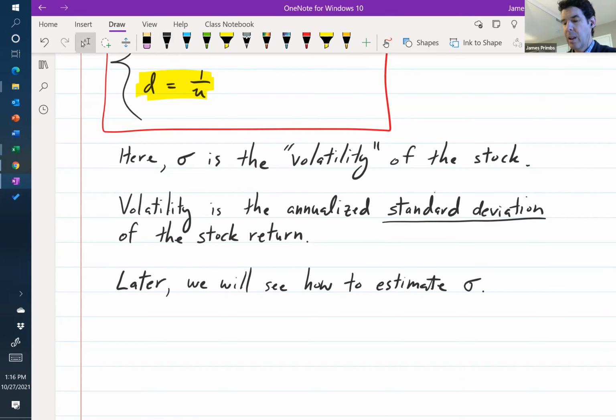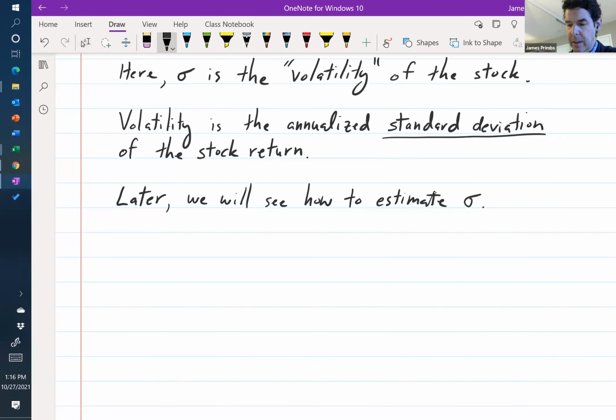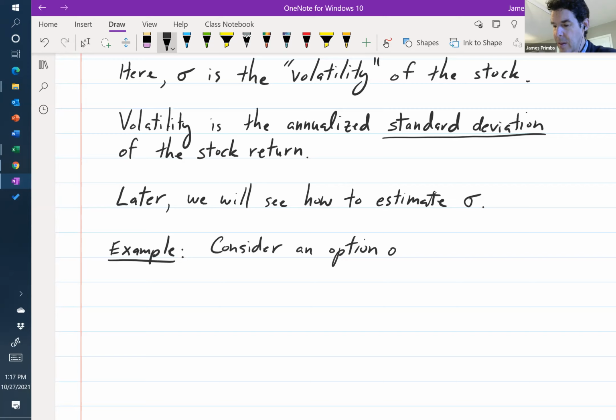All right, so let me do a numerical example here so you see how these formulas are used. So here's our example. Let's consider an option on a stock with a volatility, let's say 20%.